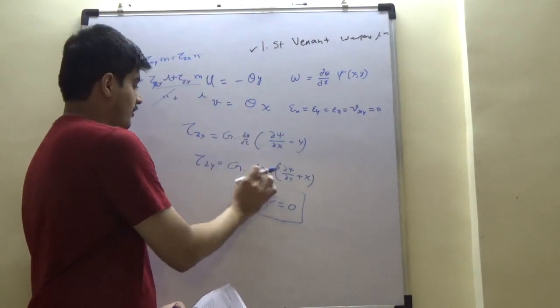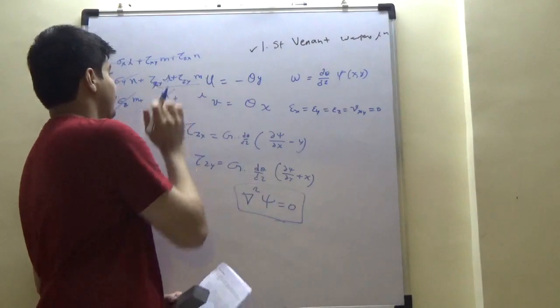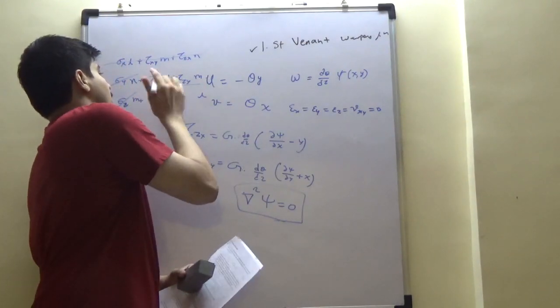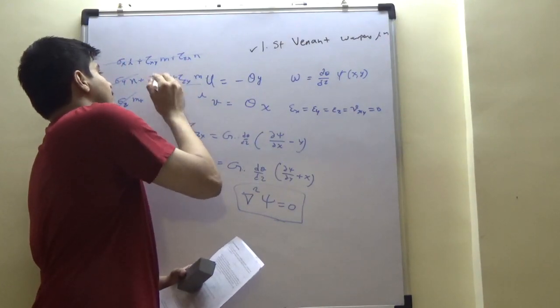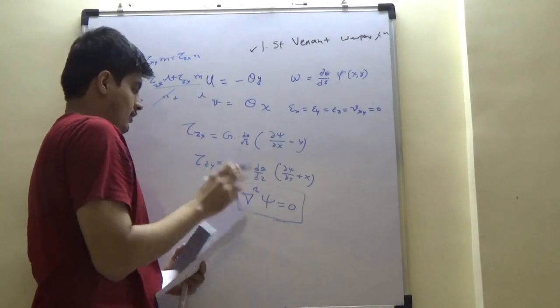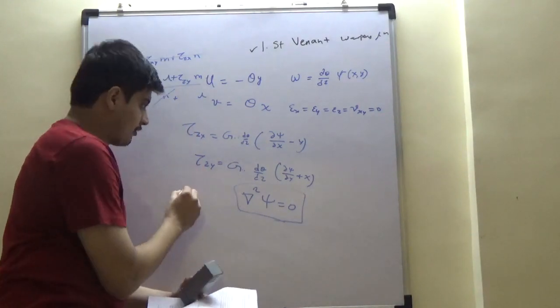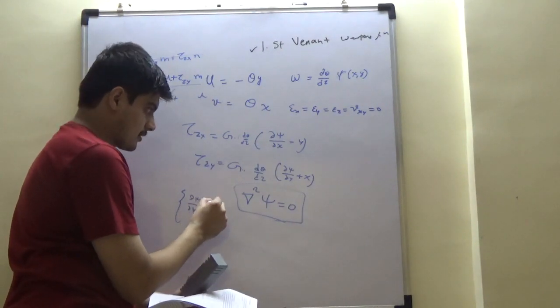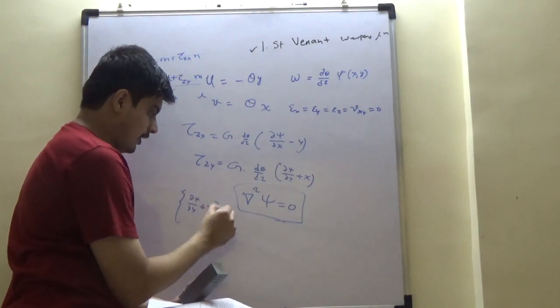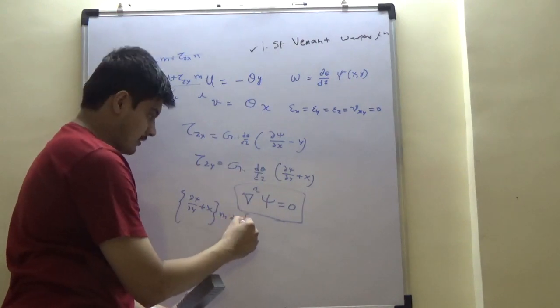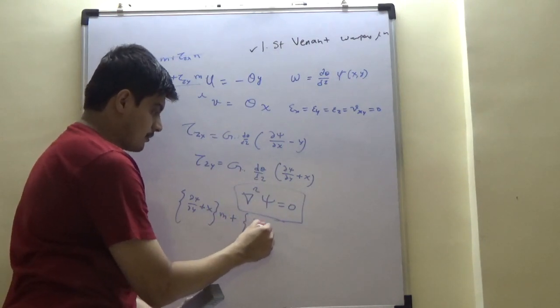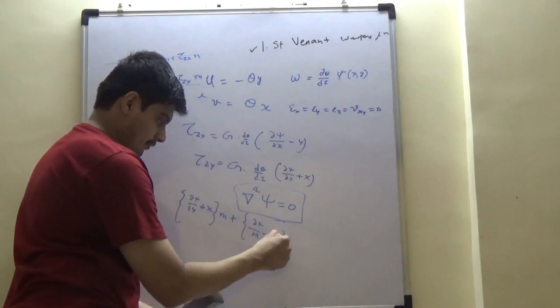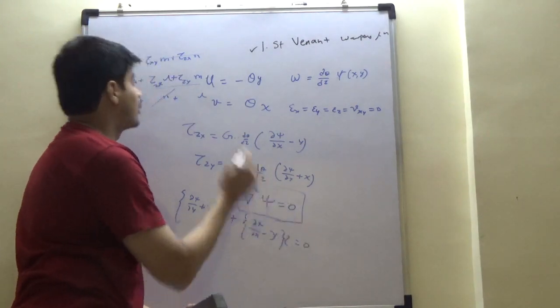Then this equation, if I substitute these, right? If I substitute these, what I am left with? I am left with del psi by del y plus x, which is this component, into m plus del psi by del x minus y into L is equal to 0.